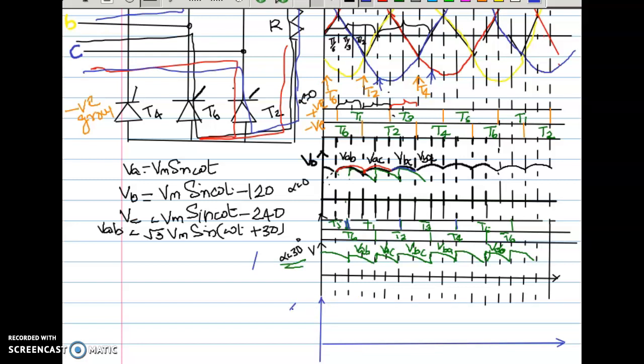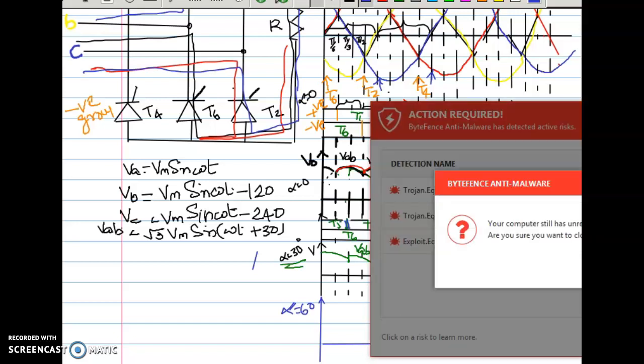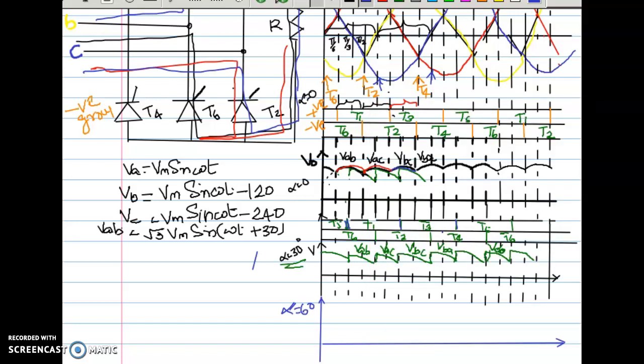For alpha equal to 60 degree, what will be the case? First you have to draw this diagram, that is the interval where they start conducting.